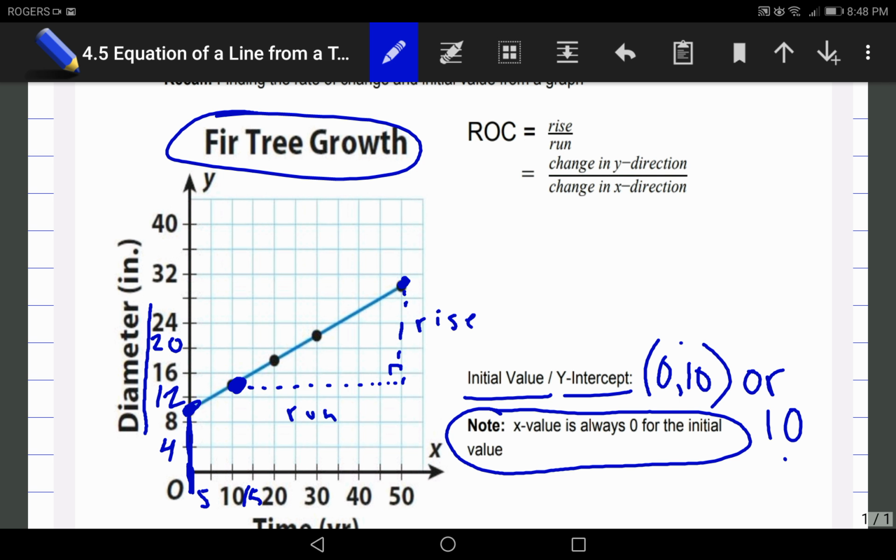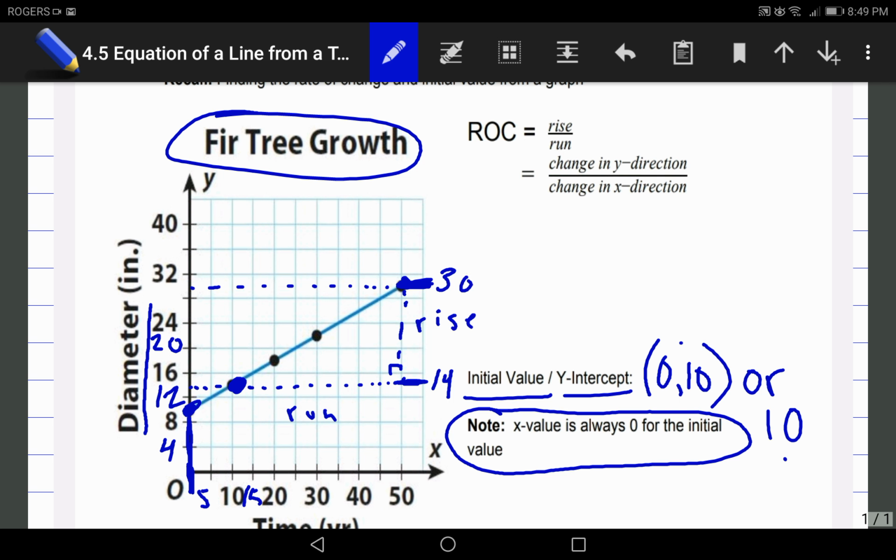And don't forget that for the rise, we are finding the change in the y direction. So from this line to this line, we need to find what that rise was. Let's look at what this value is here. It looks like it's 14. So I started at 14, and it looks like here that I went up to 30.